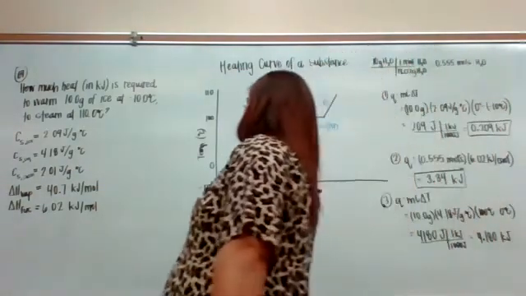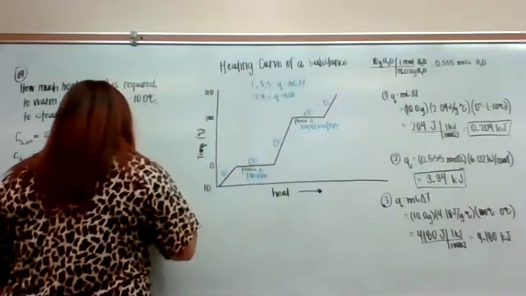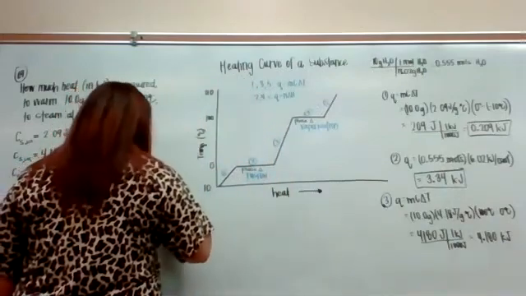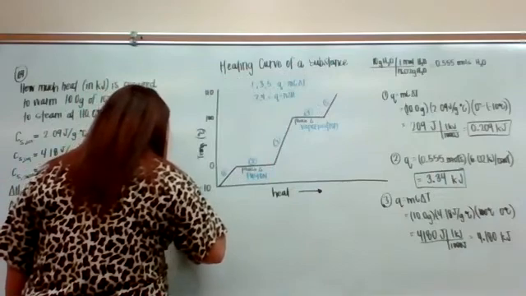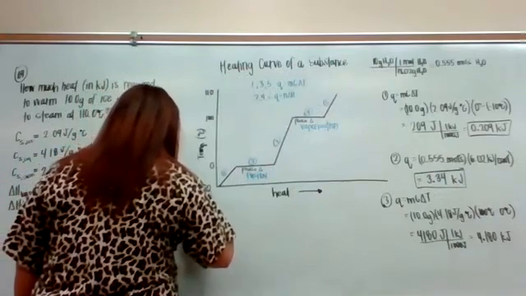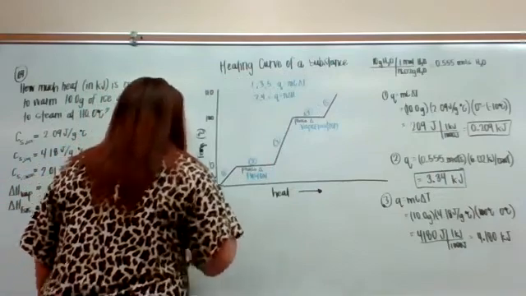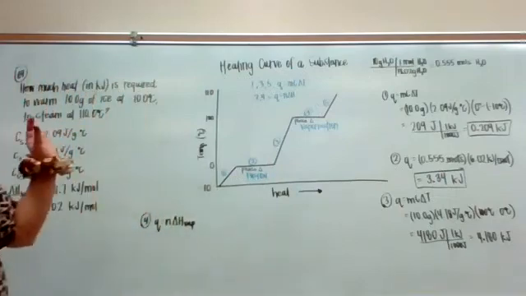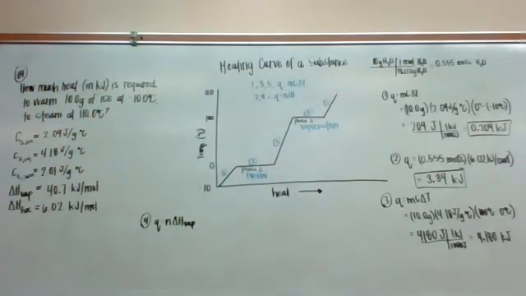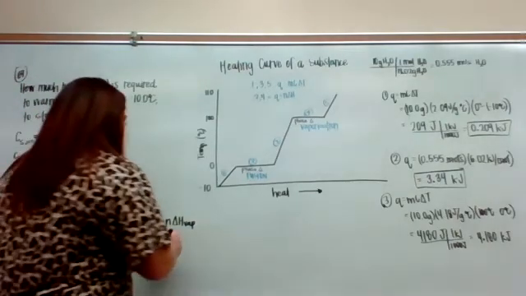Okay, now I got 4 and 5 left. 4, I'm back to a phase change. So it's just N times my delta H. This time, vaporizing, I'm going from a liquid to a gas. So I'm going to use the 40.7.